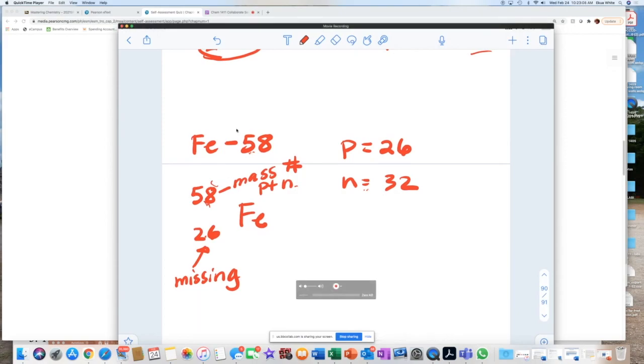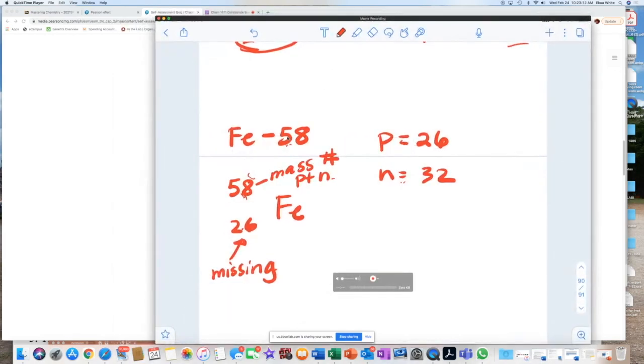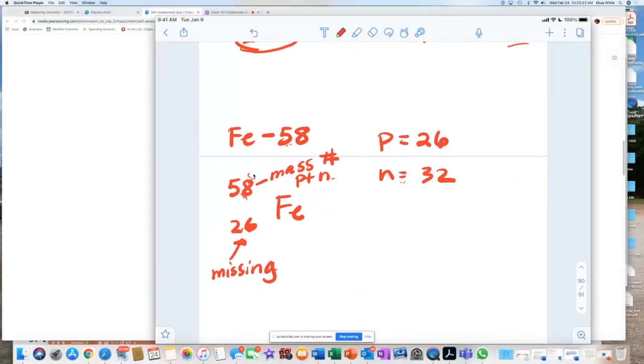Just remember, when you're given the isotope, they're focusing on giving you the specific mass that you can't find in the periodic table. That's the purpose of them writing it this way, right? But you have to use that mass because you're still dealing with the isotope, not the atomic symbol in the periodic table that gives you the average mass. We want the specific mass of the isotope that's being discussed, okay?